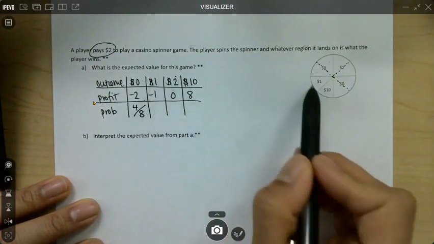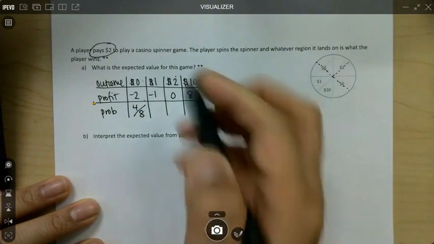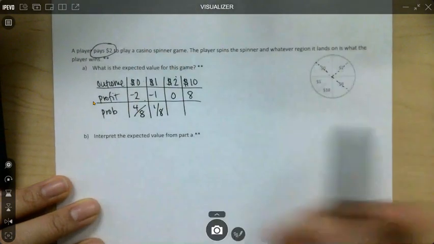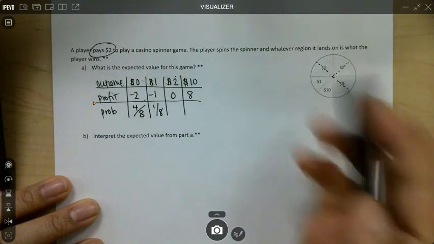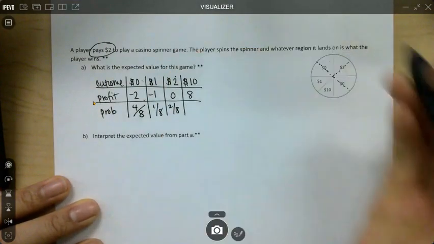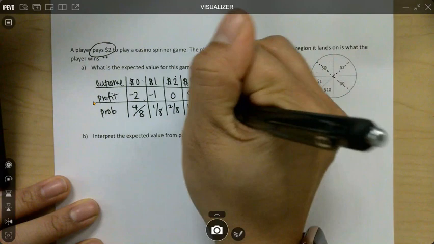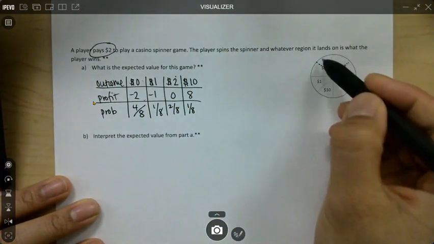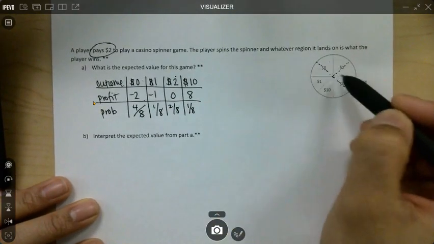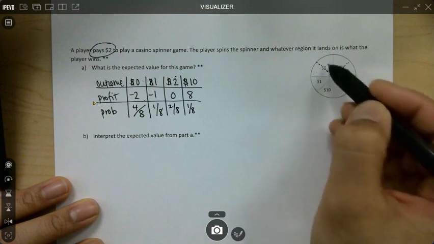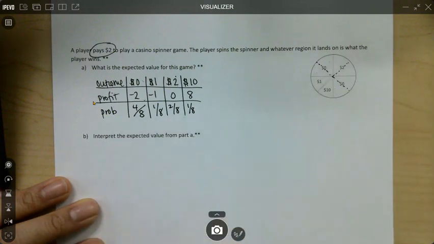Landing on 1, that's 1 piece out of 8. Landing on 2, that's 2 pieces out of 8. And landing on 10, that's 1 out of 8. So again, if they're all the same size, you don't have to worry about that. But since there's some pieces that are different sizes, it might be helpful to make them all the same size.